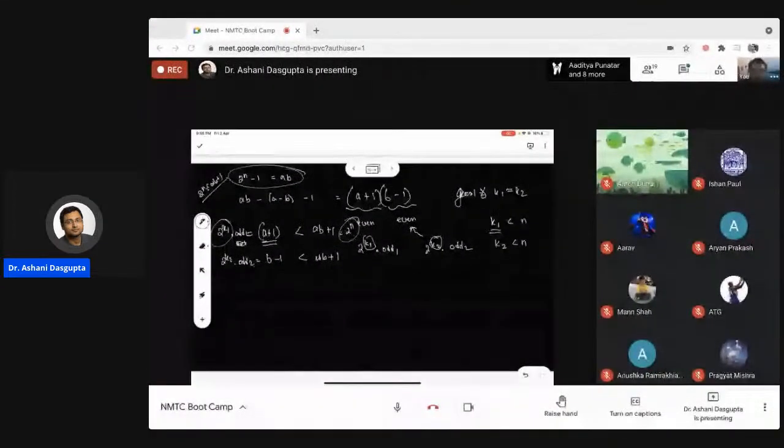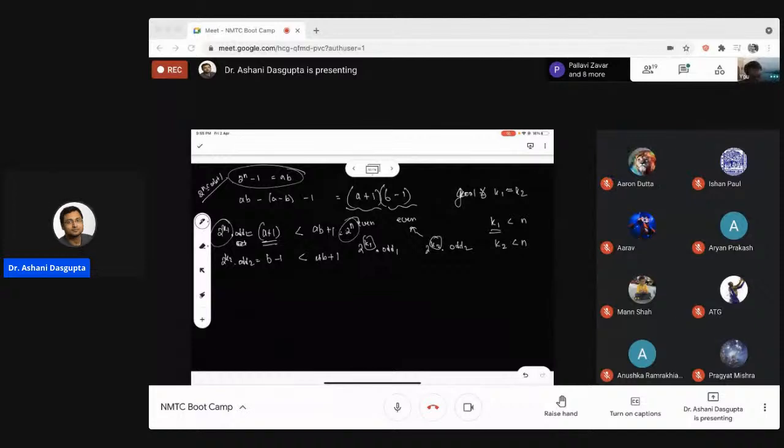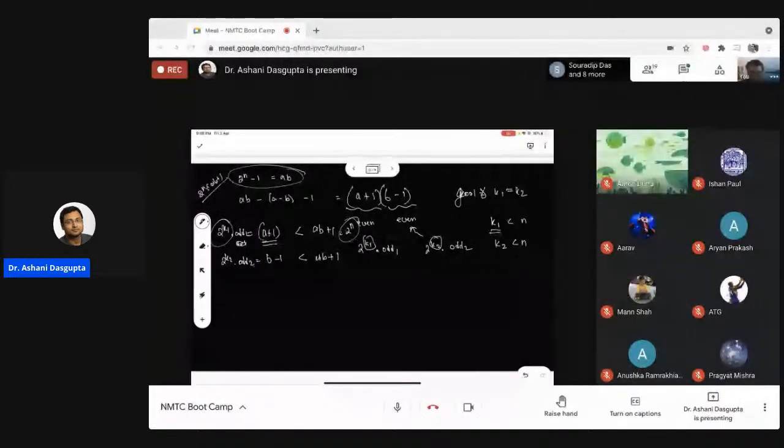All right, so how does that help us? So we know this much. What else do we know? So we have to fix a divisor. What is our divisor here?